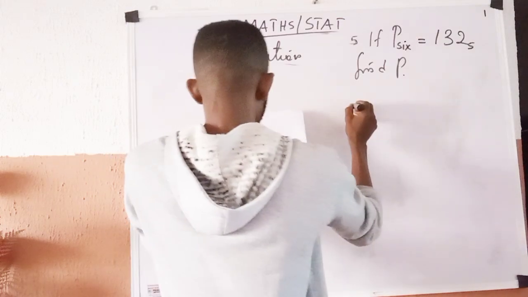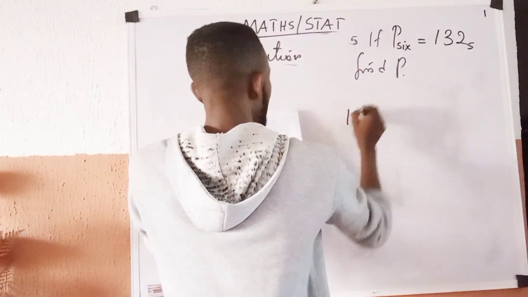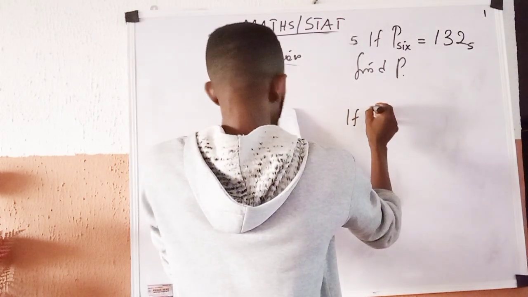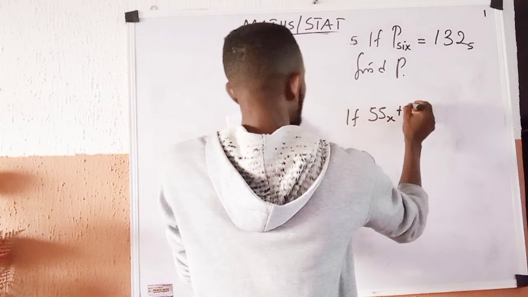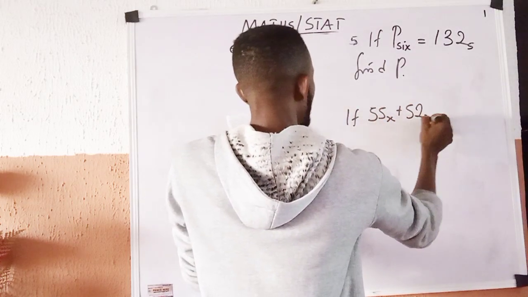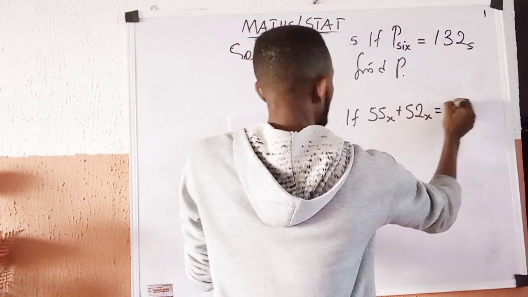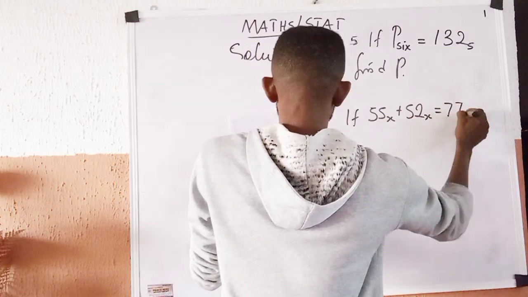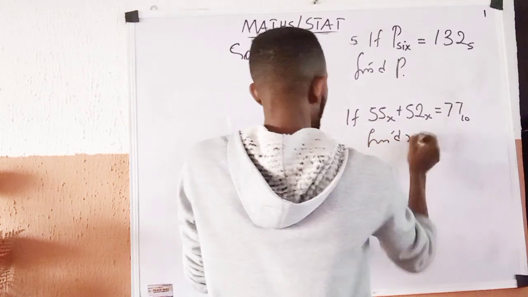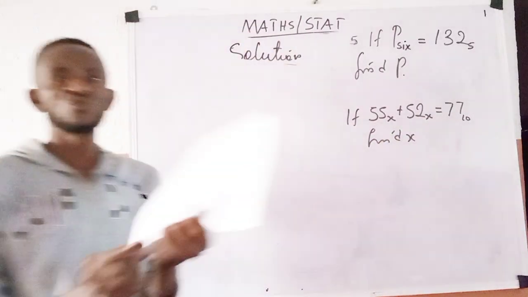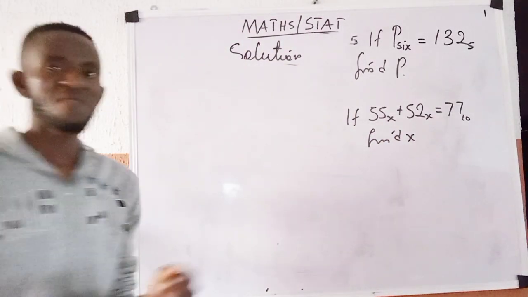So let me give another question. That question says, if 5 base x plus 2 base x equals 7 base 10, find x. These are two number base questions they give.